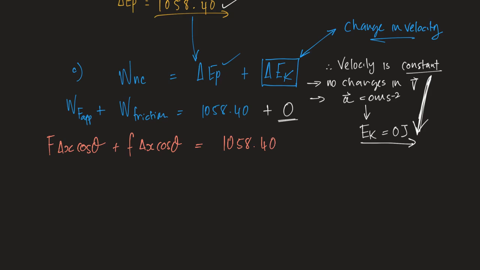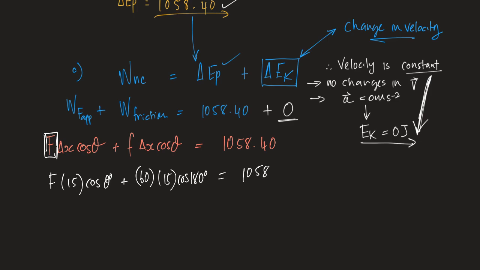My subject of my formula is F. So now I've got F times 15 cos 0 plus 60 times 15 cos 180 is all equal to 1058.40.